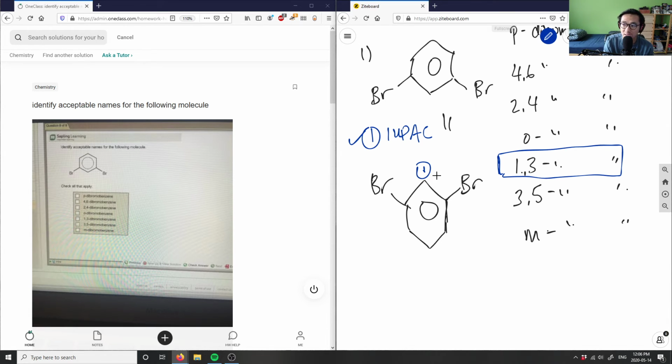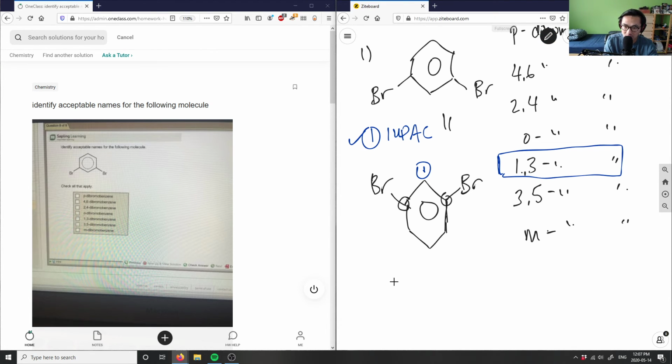If I say this here is carbon 1, then these guys here, 1, 3, are meta to this carbon 1. These carbons here are meta.